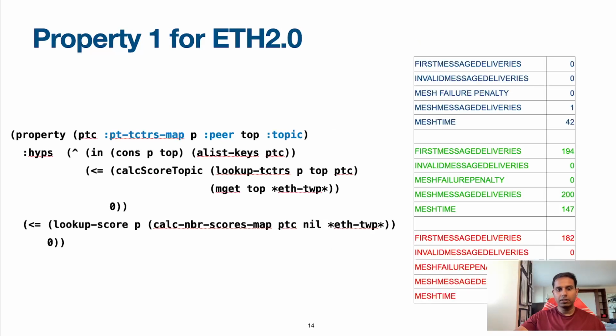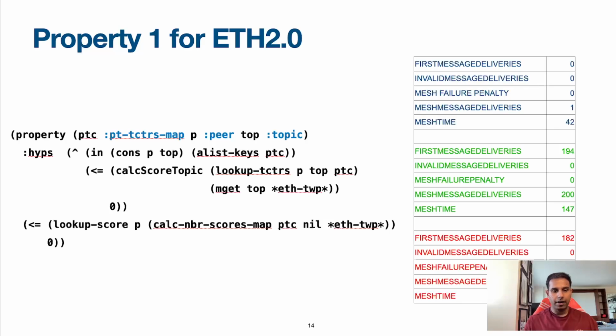Here is a formalized version of property 1 in ACL2S. The property declares each of the universally quantified variables along with their types. PTC is a map of pairs of peer and topic to topic-based counter values. These topic-based counter values are used to calculate the metrics we talked about in the previous slides.